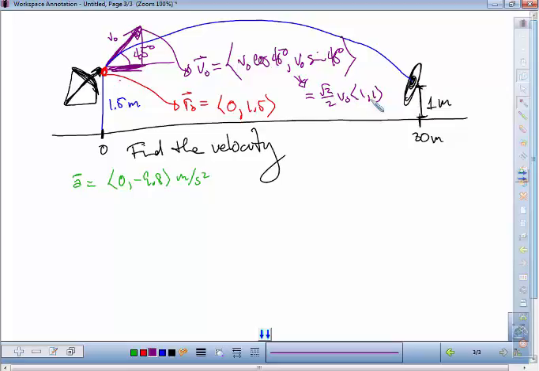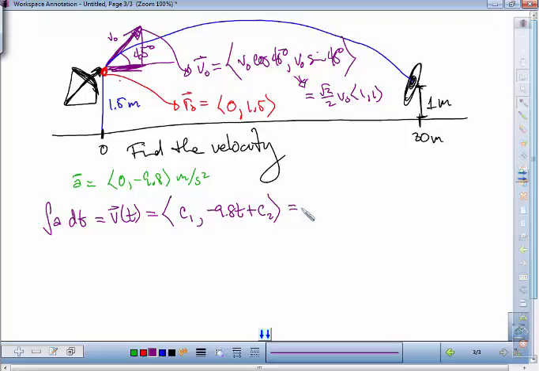All right, let's integrate the acceleration function, and we'll get v of t. So the integral of 0 is a constant, c1, and negative 9.8 t plus c2 is the integral of the second part. And then we're going to let t equal 0 again to get our initial value.